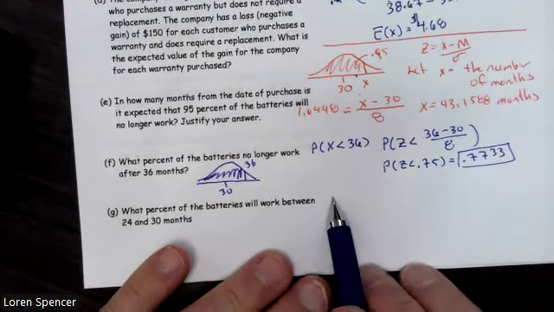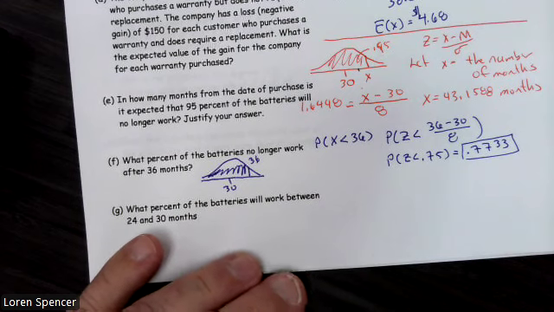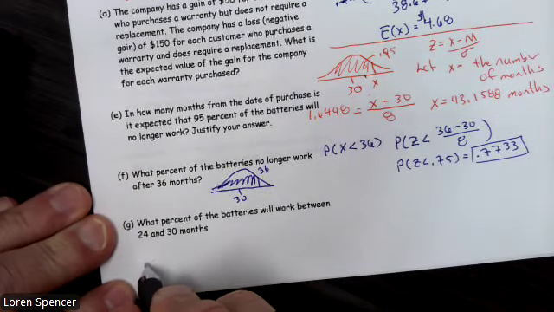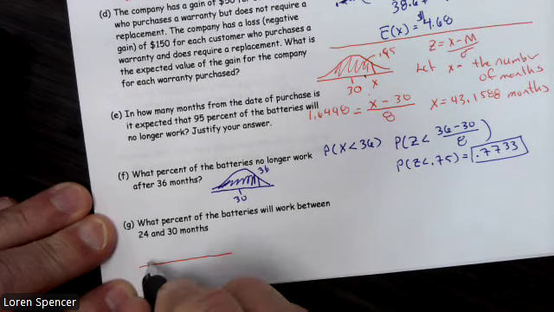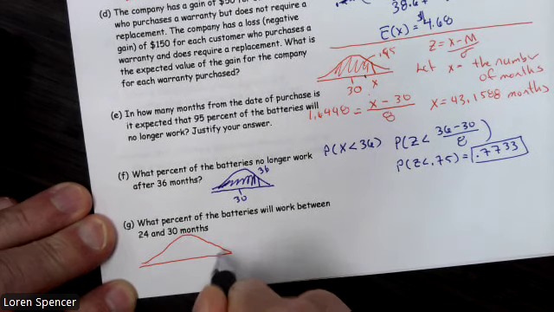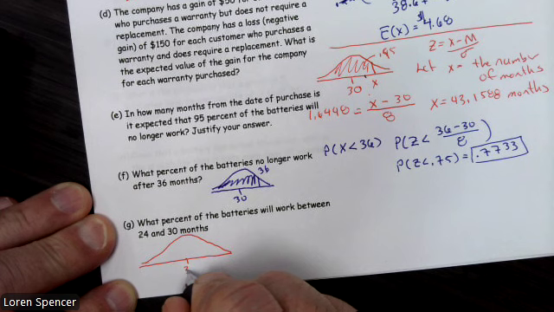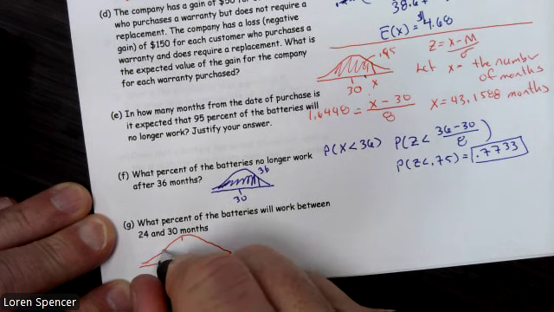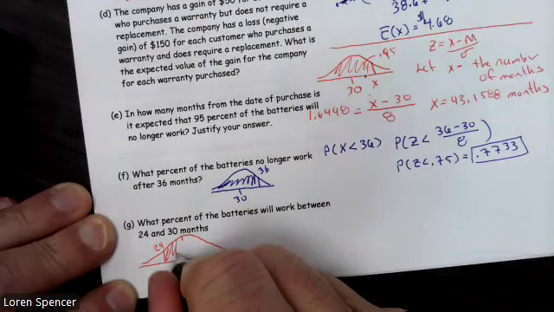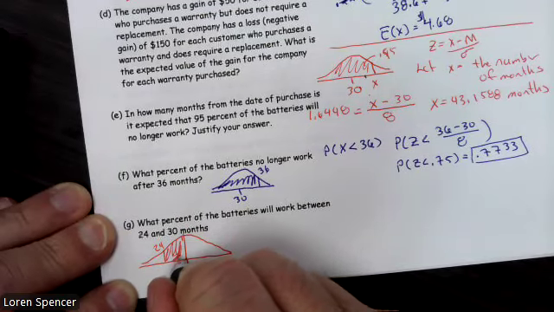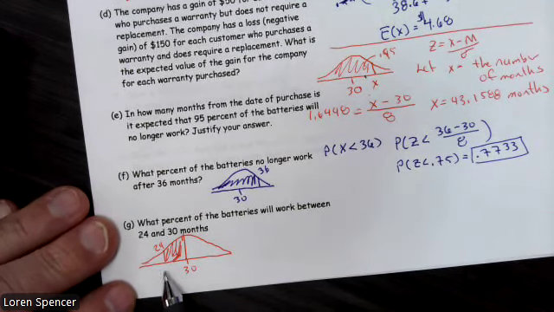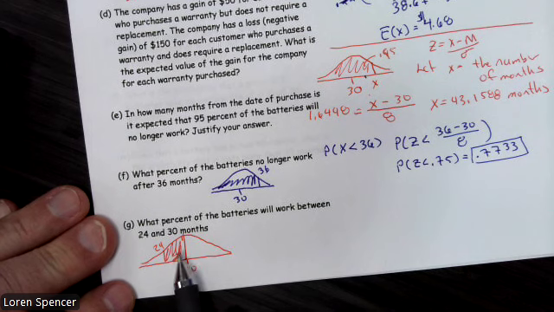What percent of the batteries will work between 24 and 30 months? Let's go ahead and draw that picture. So my picture is going to look like this. Well, we have a mean of 30, and we're looking for 24 here. Well, that's very interesting. I know that 30 is 50%, so I really don't have to solve that, but I'm going to.